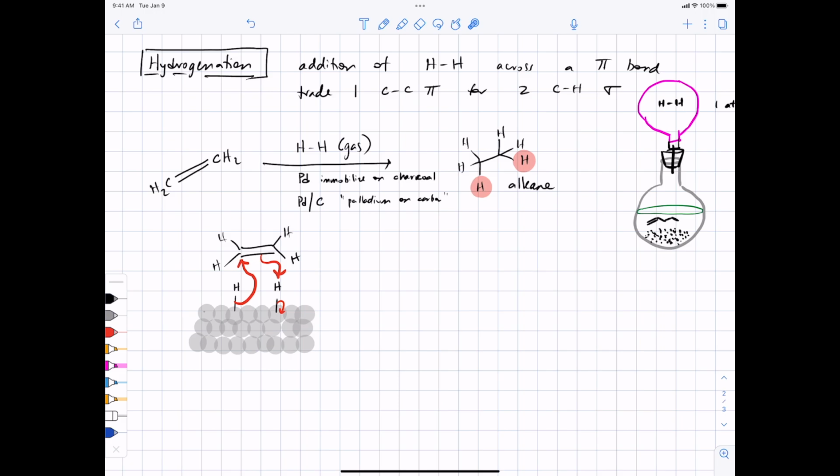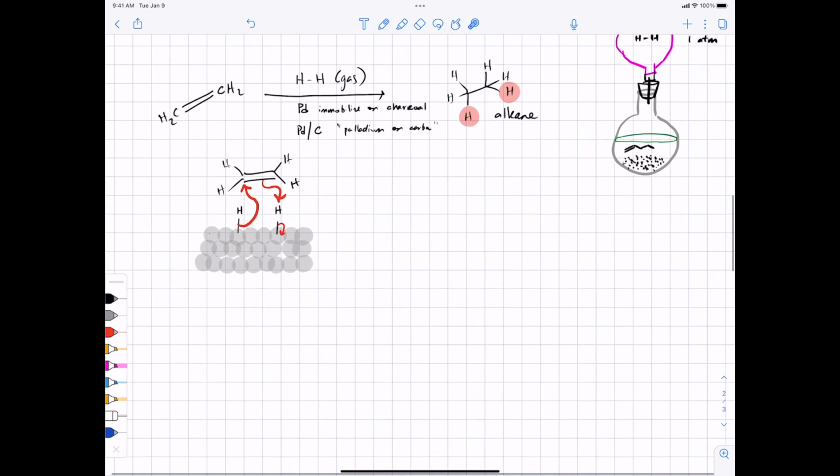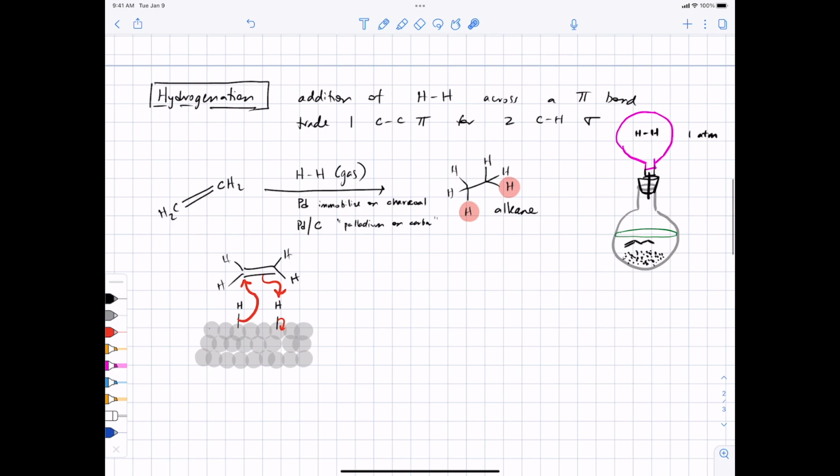All right, this reaction is what's used anytime you see a product where it says partially hydrogenated vegetable oil. They're talking about this reaction.